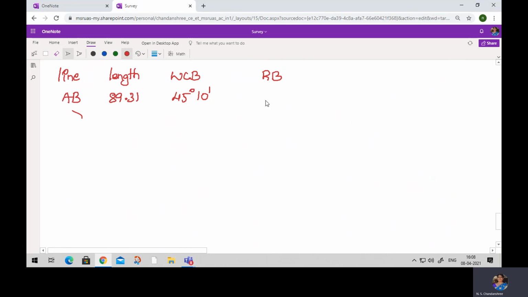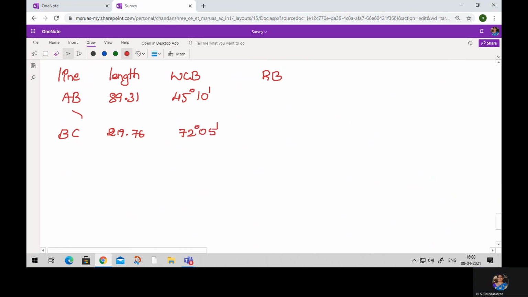As we have done earlier, I am not explaining it in detail. Line BC is 219.76 and the whole circle bearing is 72 degrees 05 minutes.